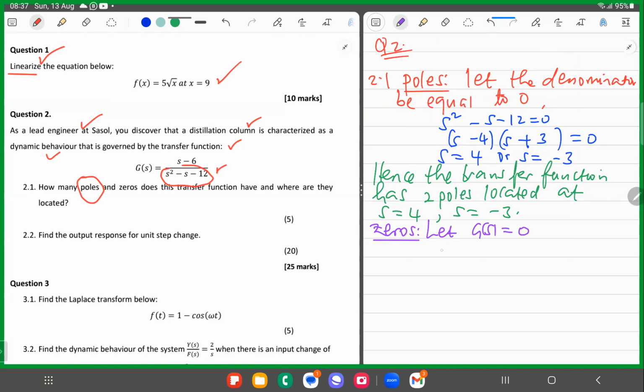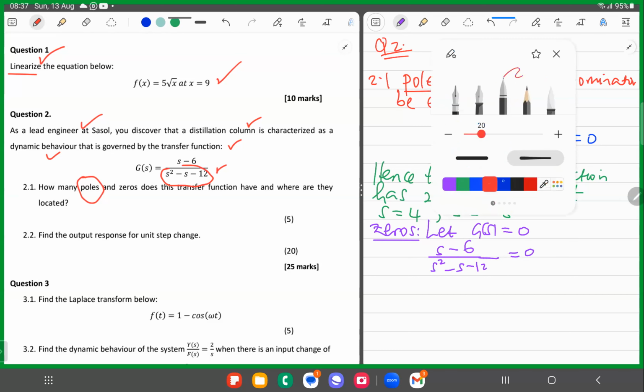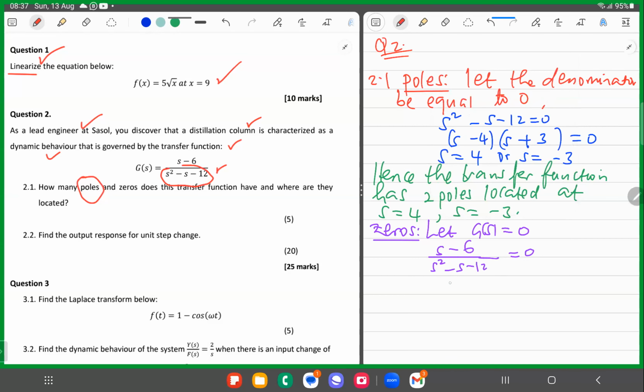That means you have (s minus 6) all divided by (s squared minus s minus 12), and this becomes 0. When the function is 0, it means that the numerator must be equal to 0.